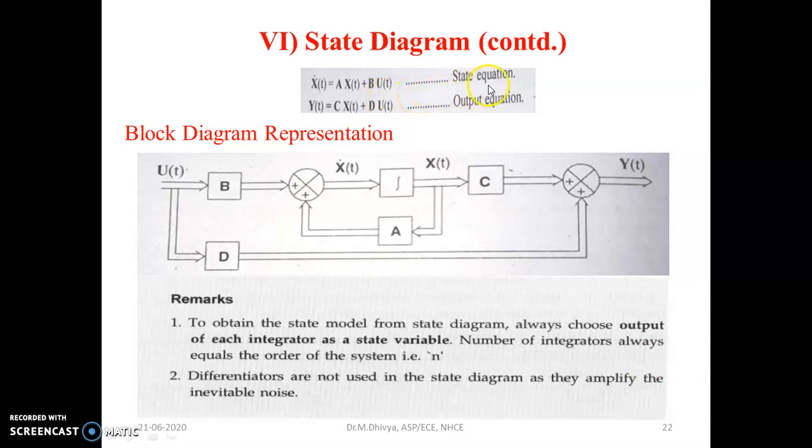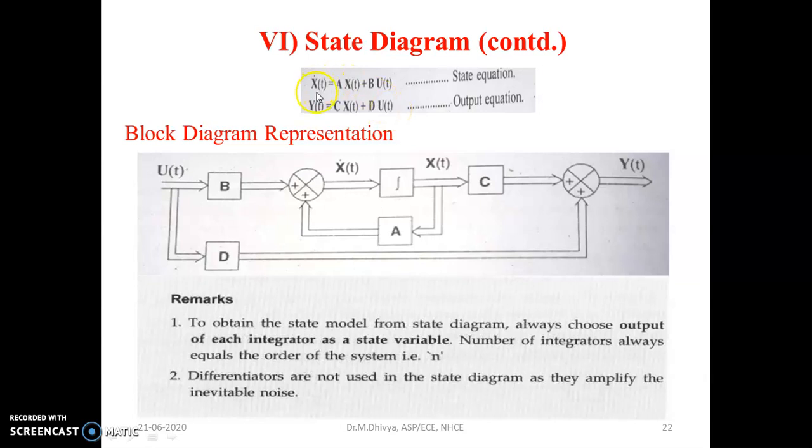We have the state equation and the output equation. So, let us start from the output equation. Output equation: y of t is equal to C into x of t plus D into u of t.